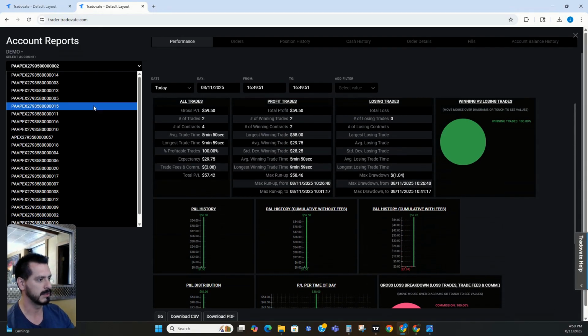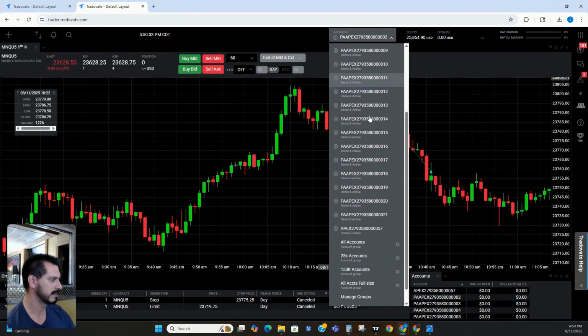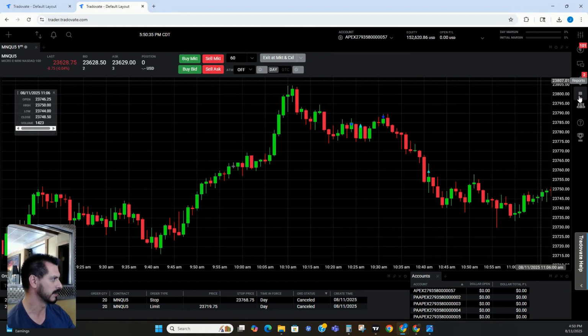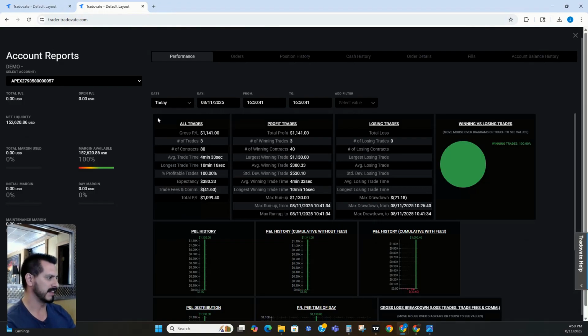But this is my actual trade. I can actually go to any of my other accounts. Let's go to my combine that I am currently trying to pass. I'm up a little over $2,000. Let me go back. This might be a faster way of doing it. Report, today, go. There it is. Perfect, there was a trade.